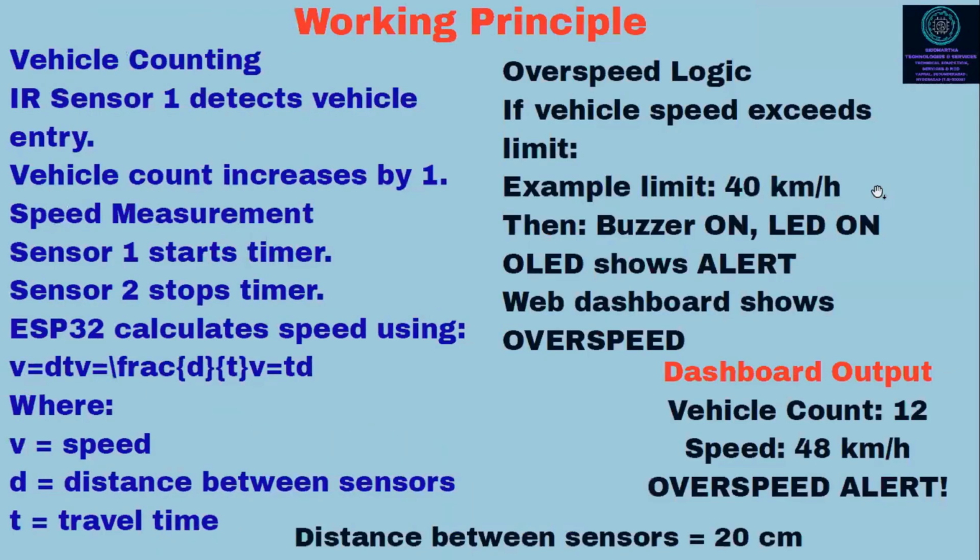Before that, we will see the working principle. For vehicle counting, IR sensor 1 is kept at the entrance, and when a vehicle enters, the vehicle count increases by 1.